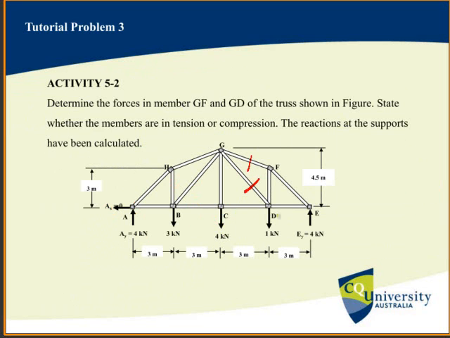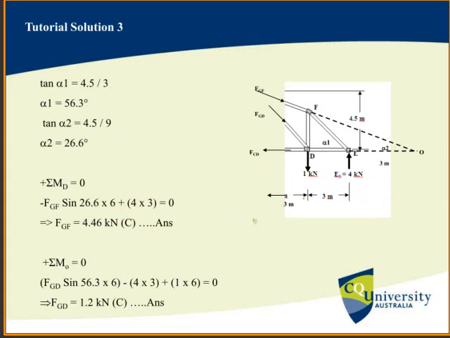Just look at this figure. We consider this figure. Alpha 1 equal to 4.5 by 3 and alpha 2 equal to 4.5 by 9. If you do the inverse, it will be 26.6 degree.